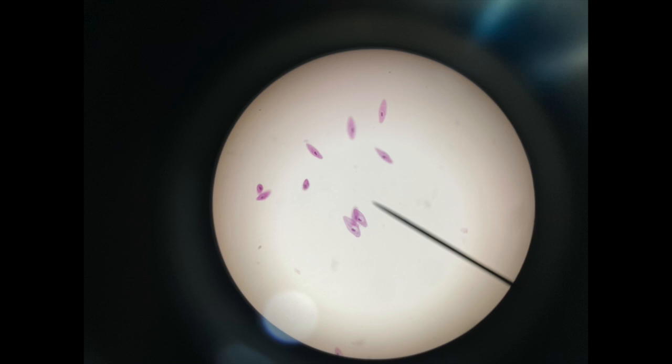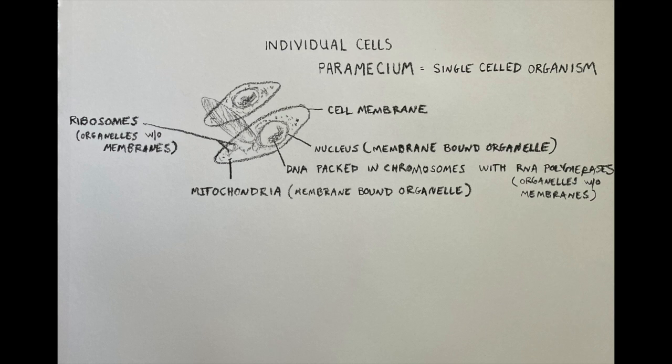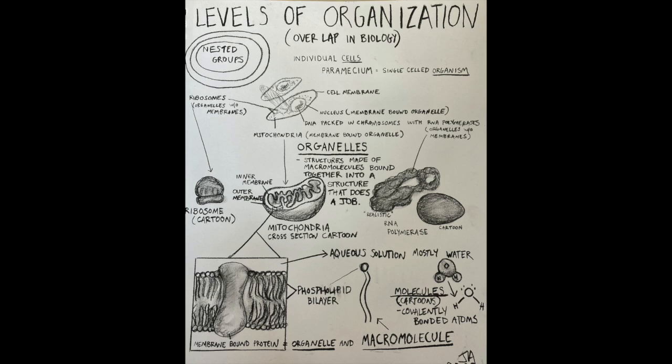In multicellular organisms, tissues are composed of cells, but sometimes an individual organism like this paramecium is a single cell all by itself. Cells are then composed of organelles. Organelles are structures made of macromolecules bound together into something that does a job.